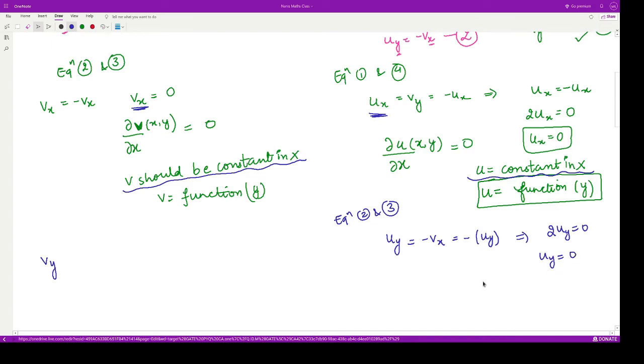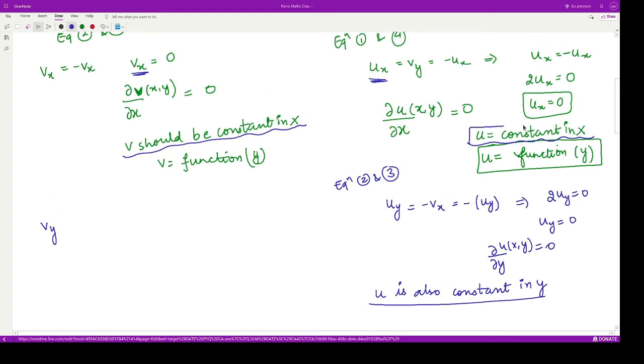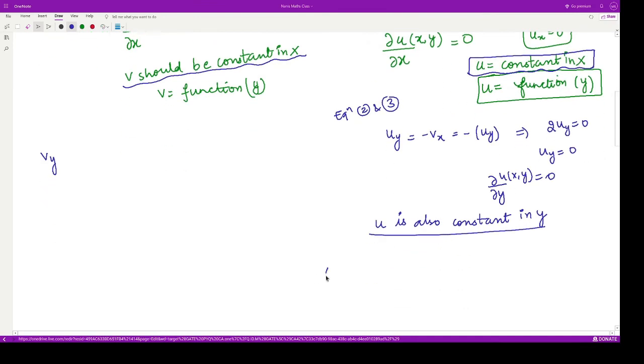Now if the partial derivative of this function with respect to y is equal to 0, that means u is also constant in y. If it is constant in x as well as constant in y, that means u is basically a constant containing no terms of x and y.